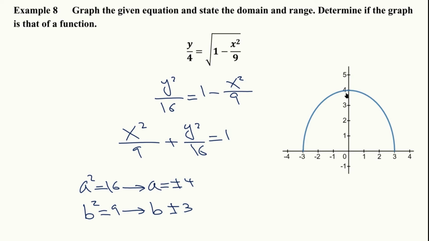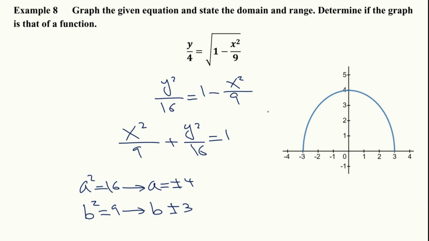So we're going to have vertices at 0, 4 and 0, -4, and co-vertices at 3, 0 and -3, 0. And we know that we can then graph the full ellipse, but we're going to make sure that we only graph the top part. Now, what is the domain and range of this function?